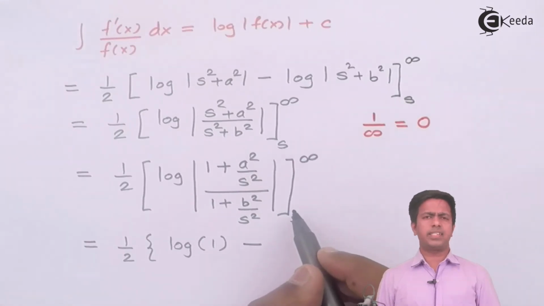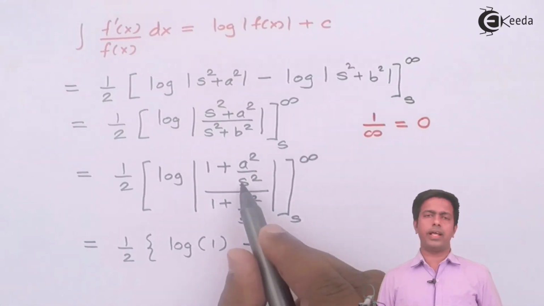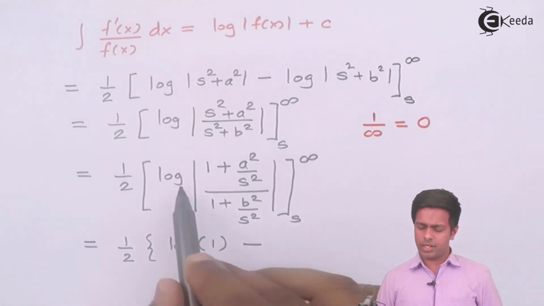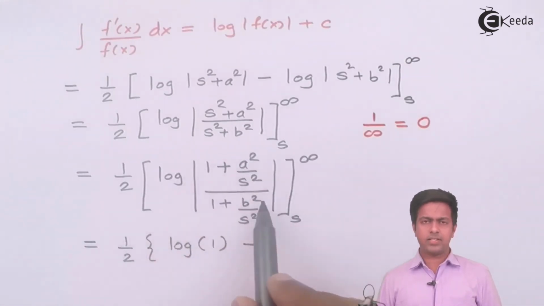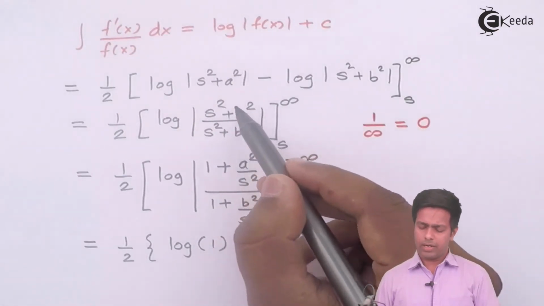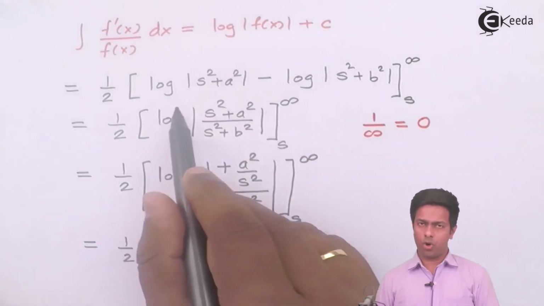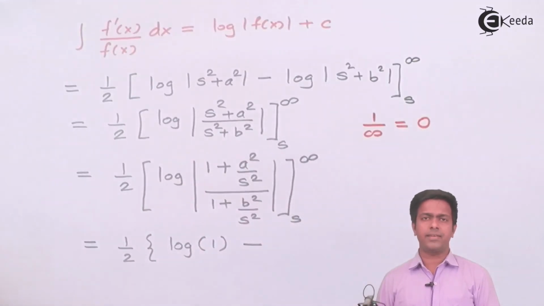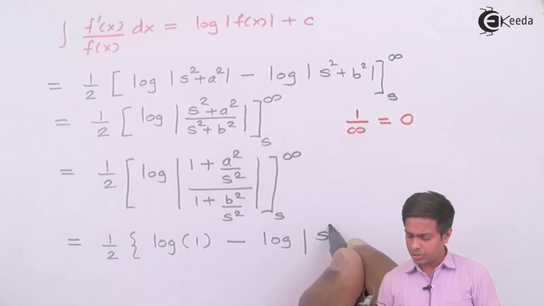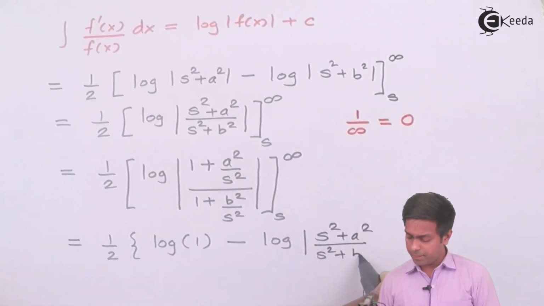Now the lower limit is exactly the same, that is s. So if I put s equal to s, it is not going to make any difference, so I'll get this term again. And if I simplify this term, I'll get this term again. So I'll write down this log term here directly. So log mod s square plus a square upon s square plus b square.